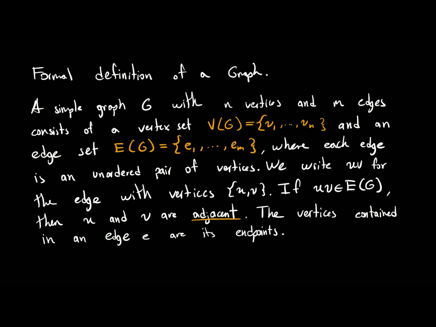Now recall that I said simple graph. What that really means is that we have graphs which only have one edge between vertices. We do not consider or take into account graphs with multi-edges. That is, we don't take into account graphs that have more than one edge between vertices.